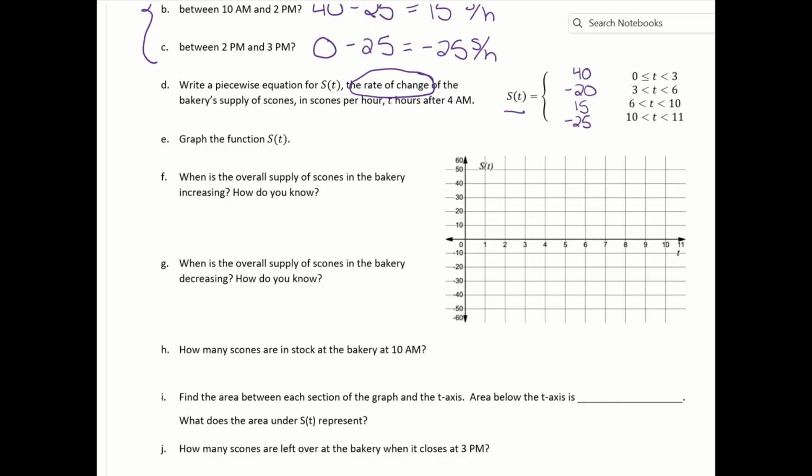So now we're going to graph it. So between 0 and 3, we're going to have a height of 40. Between 3 and 6, we're going to have a height of negative 20. Between 6 and 10, we're going to have a height of positive 15.